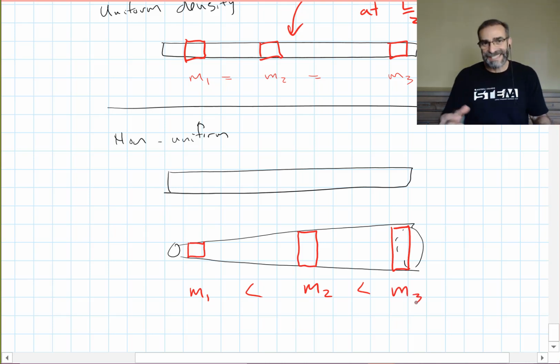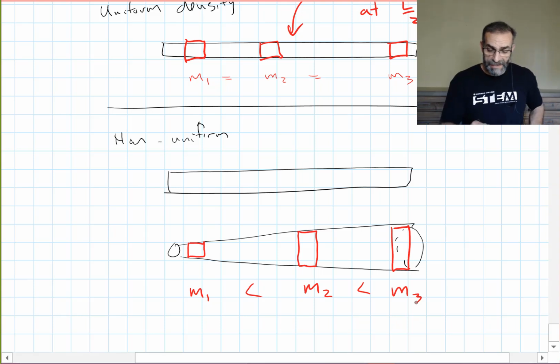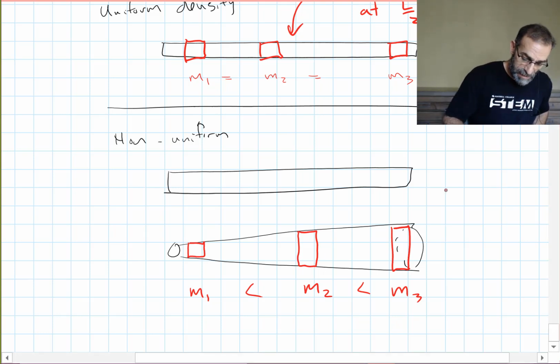Now I know that this isn't a one-dimensional rod, a thin rod, but you can imagine we could make a rod with different materials along the length that made one end way more than the other end, right? So if we were going to balance this, where would we balance it? At the middle? No. The balance point would be closer to the heavier end, right? The balance point would be out here somewhere, right?